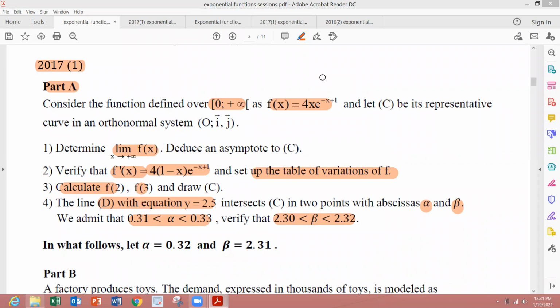Greater or less than what? Than y equal to 2.5. We find f of 2.3 and f of 2.32 and we compare them with 2.5, because the line is y equals 2.5.